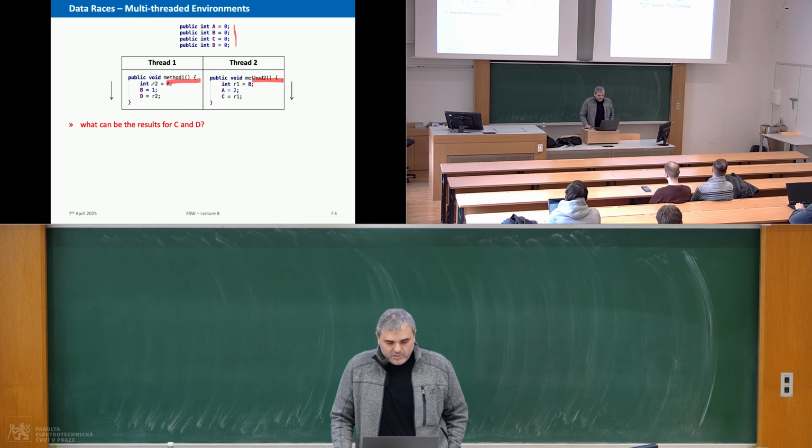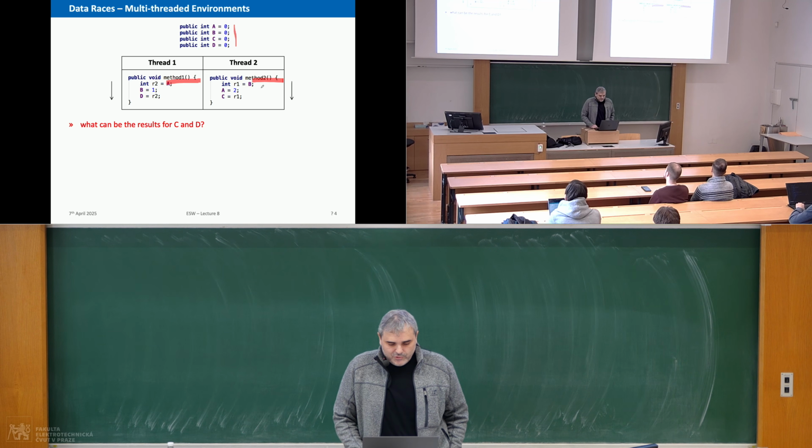And these methods have the code which is written here. First, assign in thread A a value from the A variable into some local variable, then modify B, and later write that local variable into D. Almost similar things happen in thread 2, but with different variables.